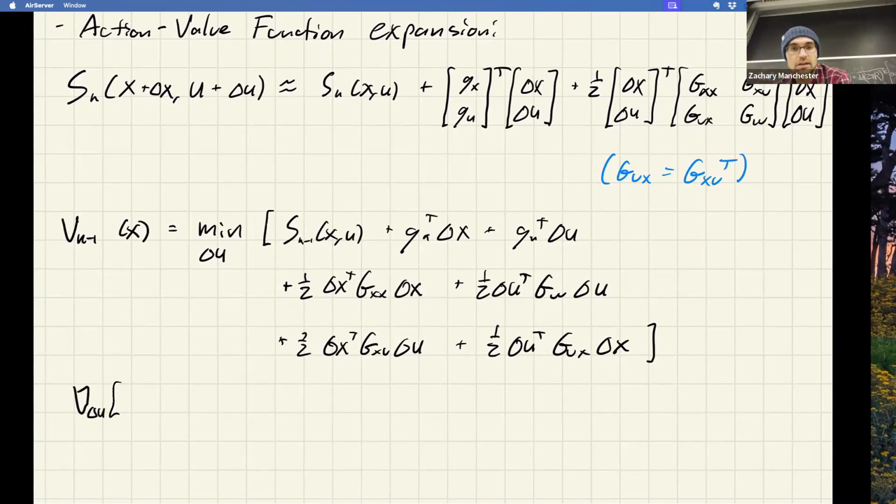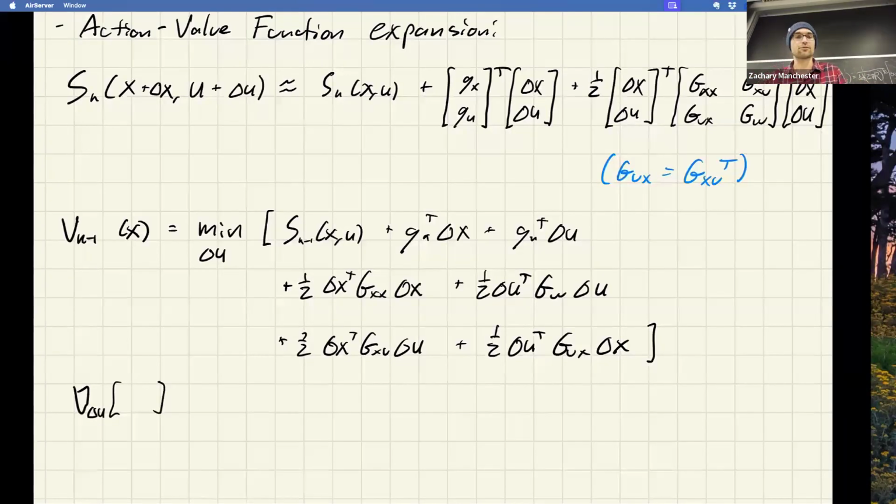This is just gu. And then the quadratic term gives me guu times delta u. And then the mixed terms give me gux delta x. Remember those bottom two are the same, right? They're just transposes of each other. So that's all good. And so we set that gradient with respect to u equal to 0.